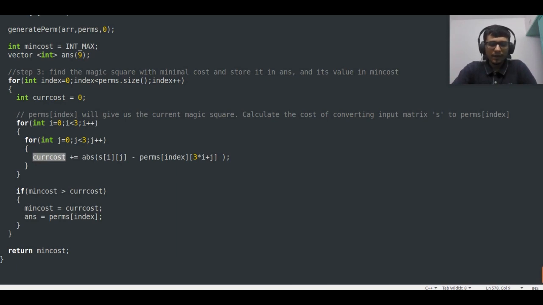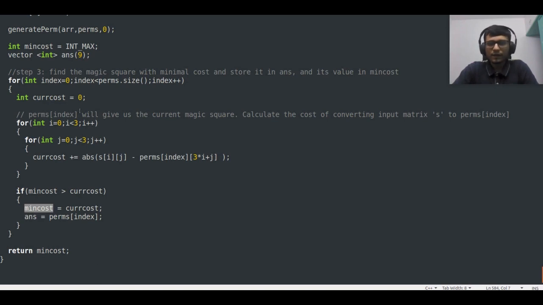Once we have this value, we'll compare it with min cost, and this is done here. If the value of current cost is less than min cost, then we'll set the current cost as the min cost, and we'll update the answer array with this current 3x3 matrix which is forming the magic square. So that is about the answer and min cost.